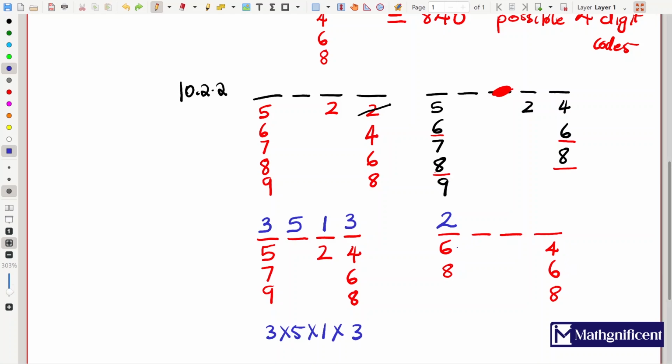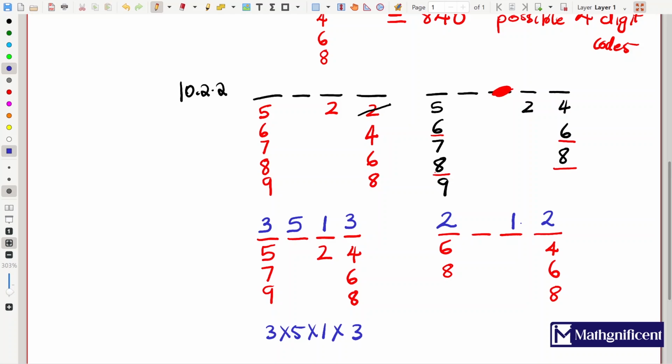But if we start with 6, we can only have 4 and 8, right? So that's what we have. So we are always left with two choices if we were to start with either 6 or 8.